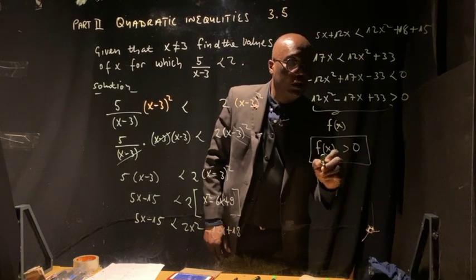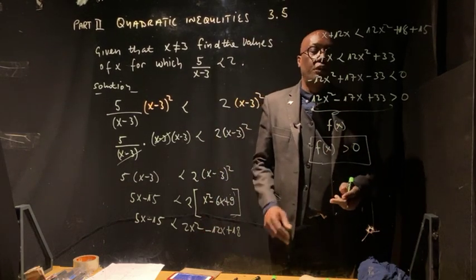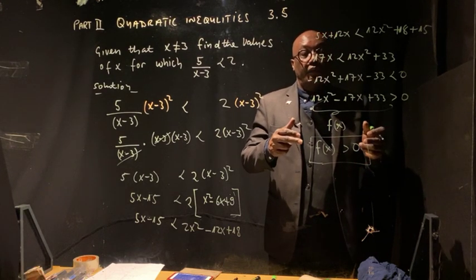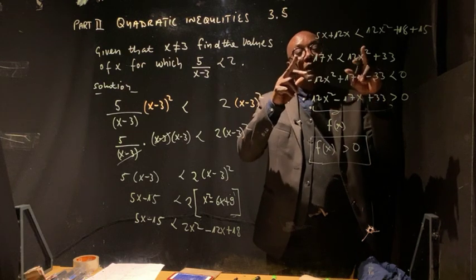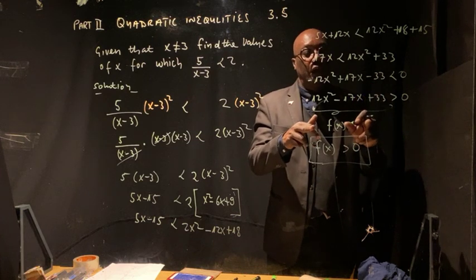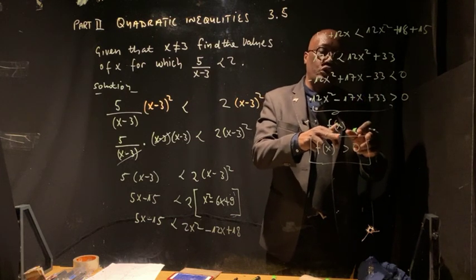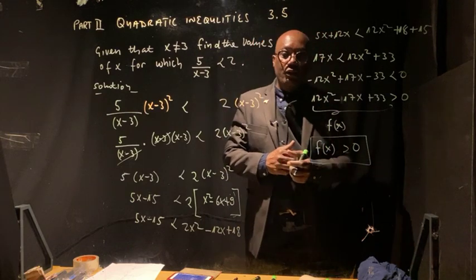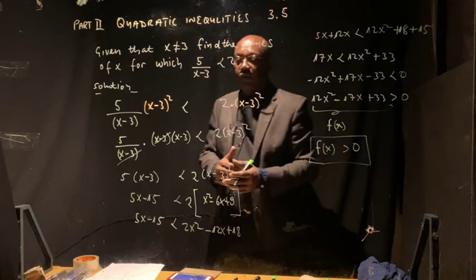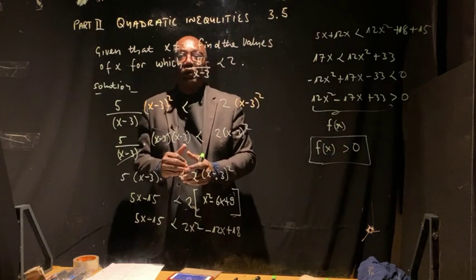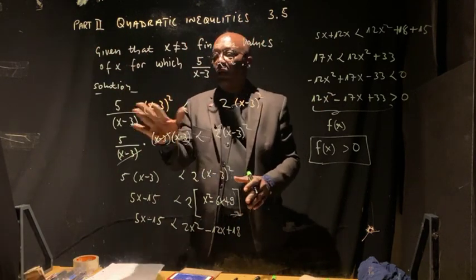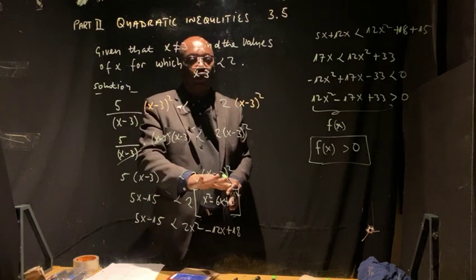Where f of x is greater than 0, we'll pick up the x values, the upper part of the curve, the x values that correspond to the graph. But I will still explain it. So take your time up to this point. Before we continue, I would like that you take your time to copy everything from here up to here, and pause the video, and I will clean the board, and we will take this section off, and we'll continue from here.